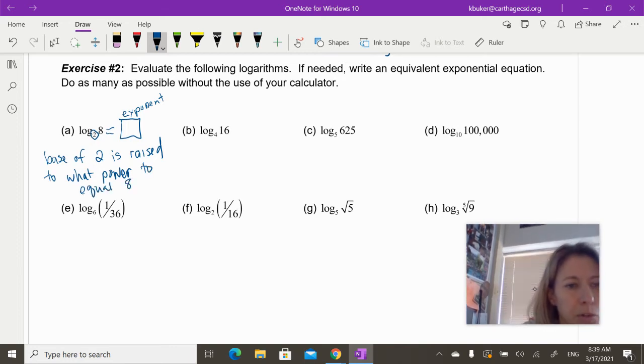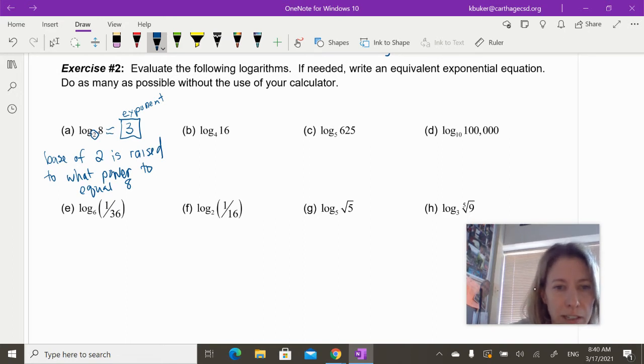That's what we're thinking when we're doing log base 2 of 8. 2 raised to what power equals 8? Hopefully we know that 2 to the third power is 8, so the answer is 3. That's what a log is. In order to solve, we're writing it like that: 2 to what power equals 8.